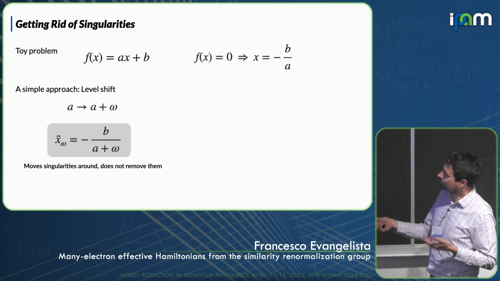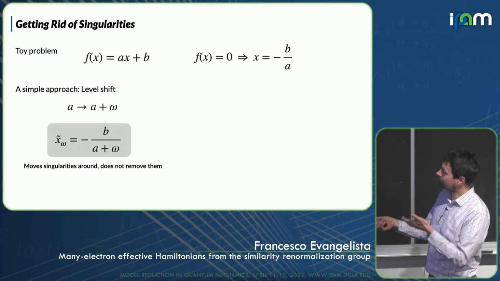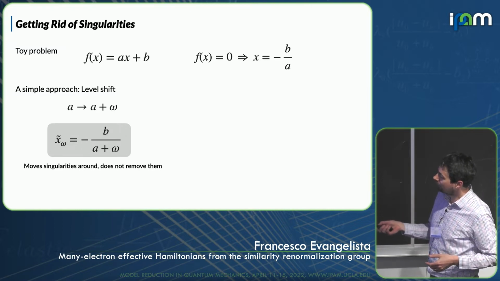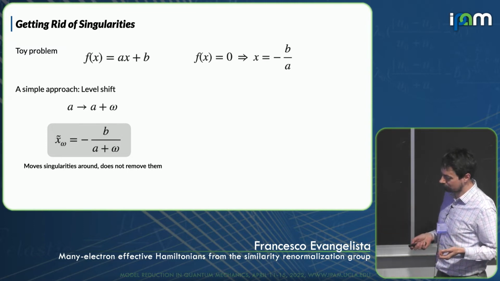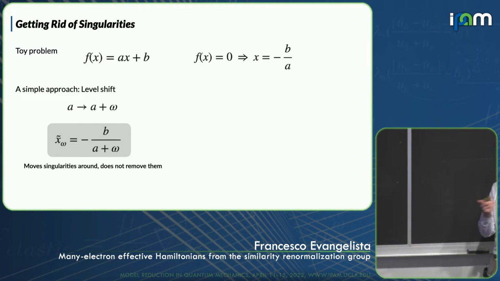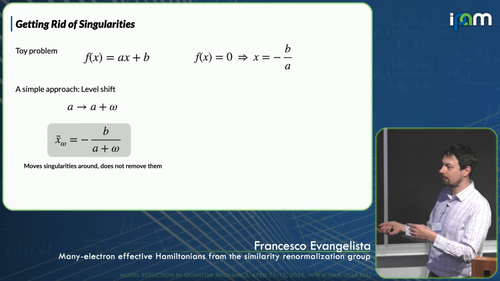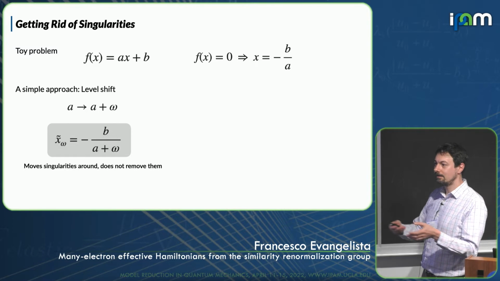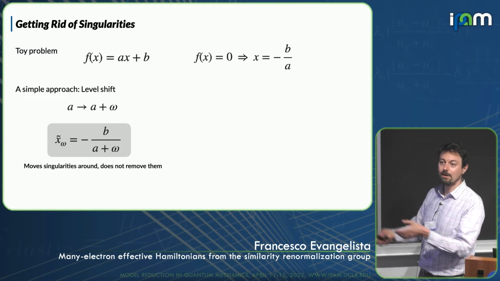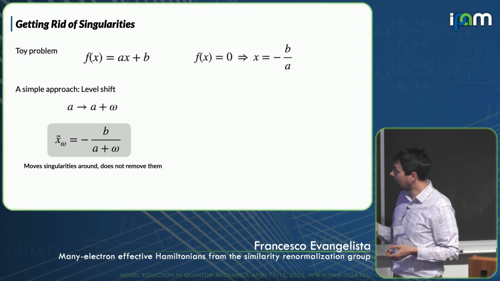So the typical approach of level shifting does this. It shifts a to a plus omega, where omega is a parameter. And so now I get a regularized solution. So this solution is going to work when a equals 0. But unfortunately, this is not a general solution, because I just move the singularities. I'm not really getting rid of them.